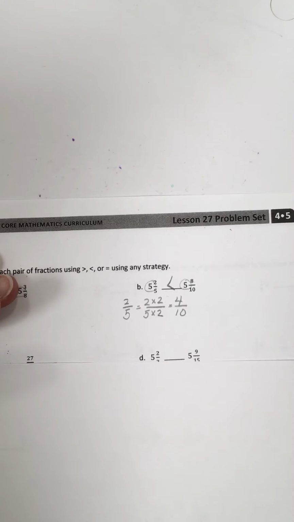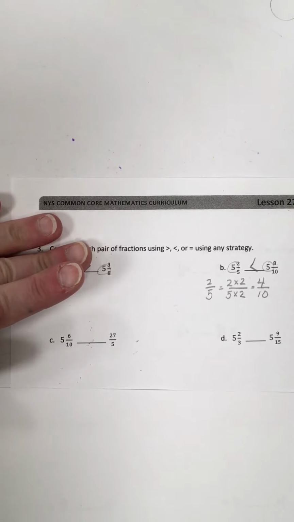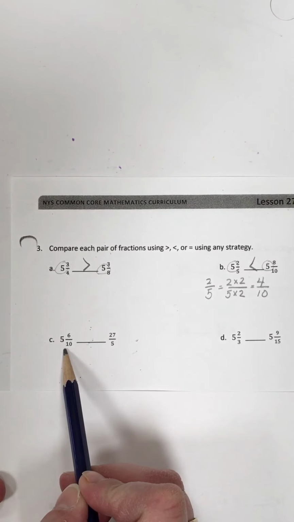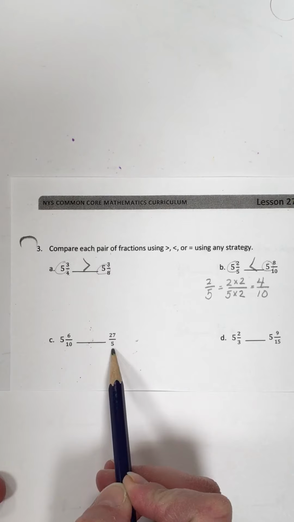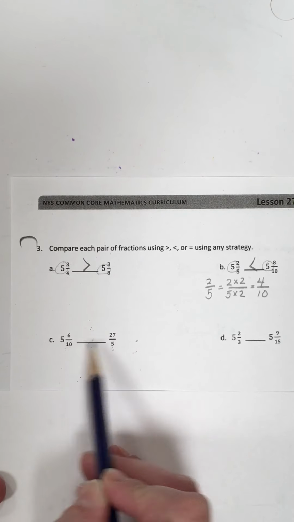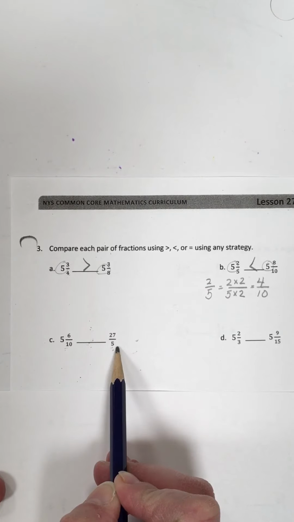Let's move down to C. Here I'm comparing 5 6/10 to 27/5. I have a mixed number and I have an improper fraction. I would never compare them this way.